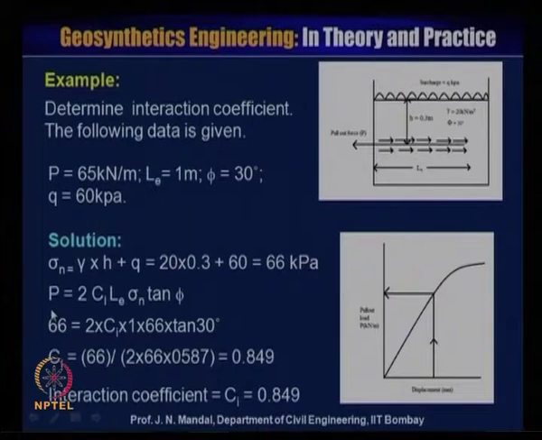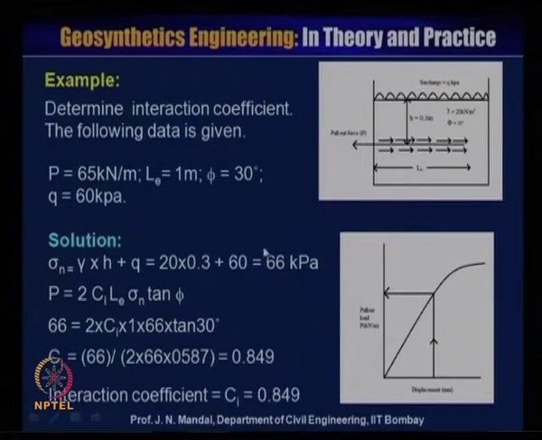Now we know the equation P is equal to 2 Ci Le sigma N tan phi. So P is given 65 kilonewton per meter, 2 into Ci into Le is 1 meter, consider 1 meter, into sigma N into tan phi.